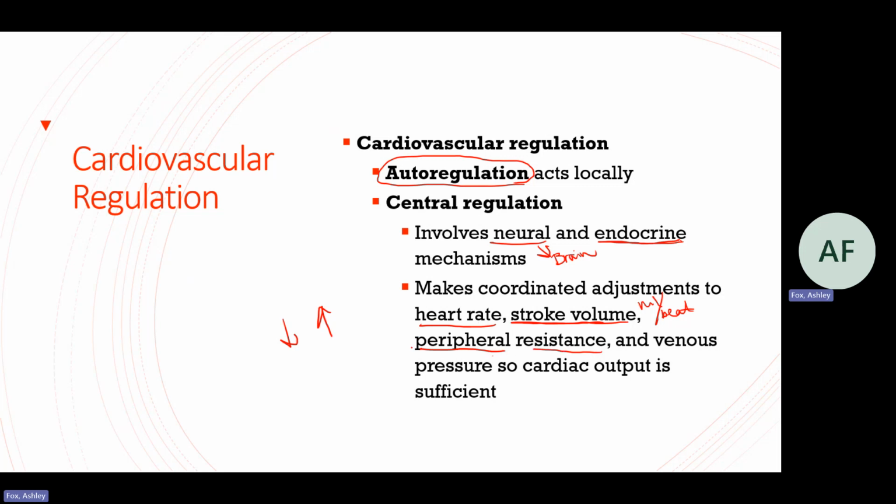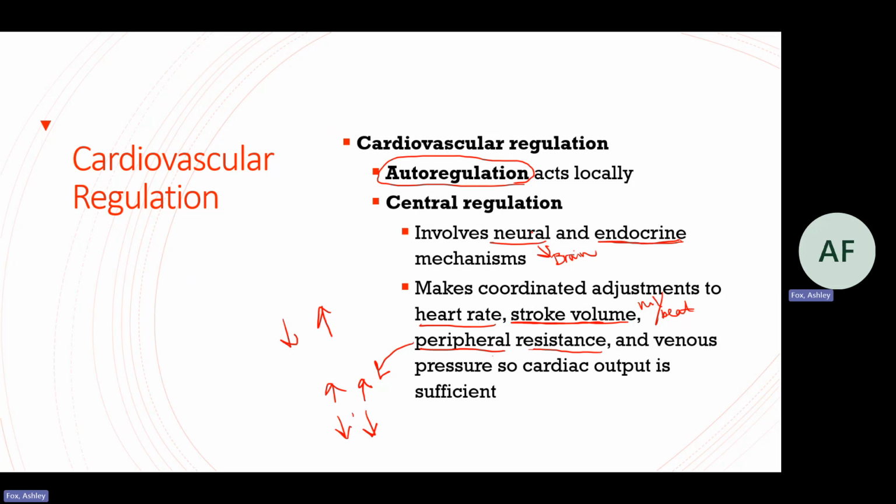Peripheral resistance, we'll talk about all the components of it. A lot of times when we talk about resistance, it can increase or decrease the blood pressure. If you're increasing peripheral resistance, then you're increasing your blood pressure. If you're decreasing your peripheral resistance, you're decreasing your blood pressure.